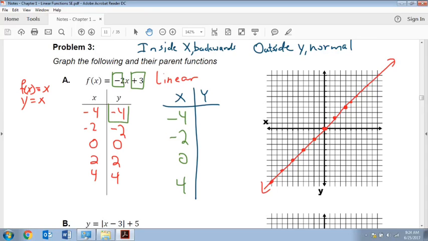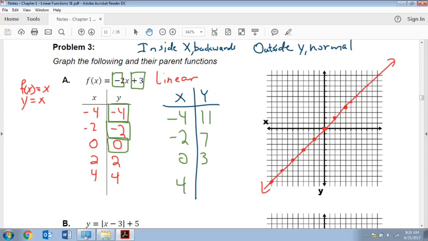So, negative 4 times negative 2 is positive 8. Plus 3 is 11. Negative 2 times negative 2 is positive 4. Plus 3 is 7. 0 times negative 2 is still 0, but plus 3 is 3.